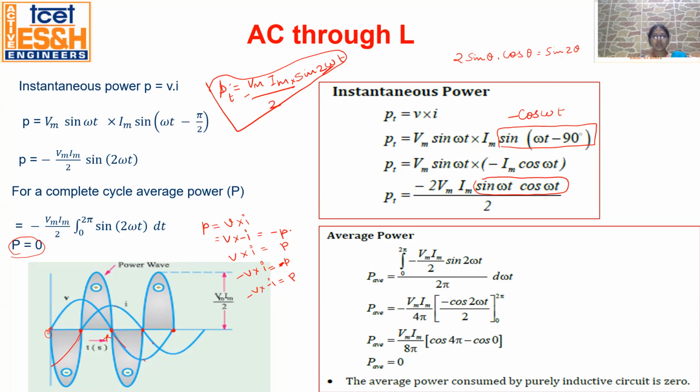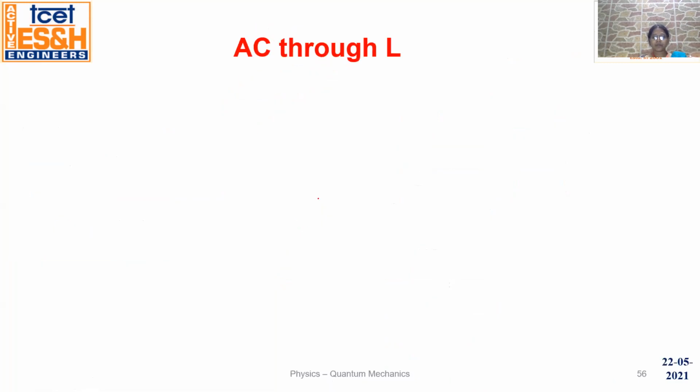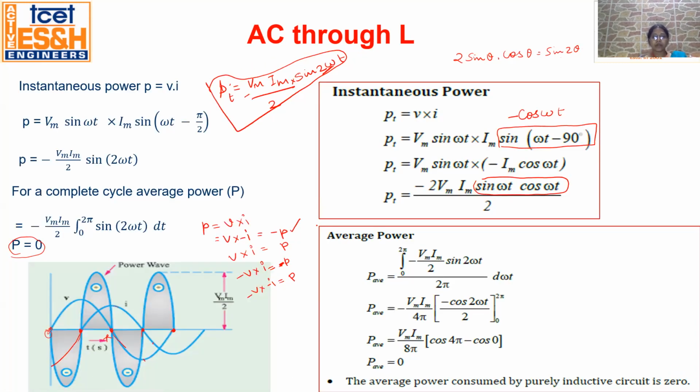So see, negative power, positive power, negative power, positive power, negative power, and positive power. In this fashion, your power has double the frequency of the voltage and current.